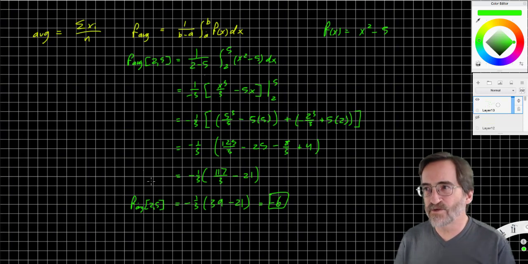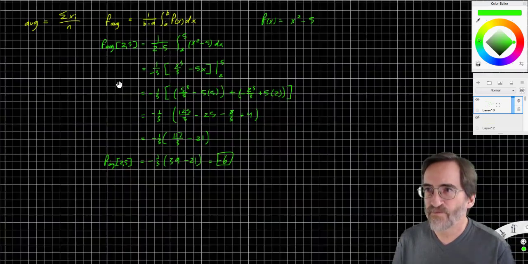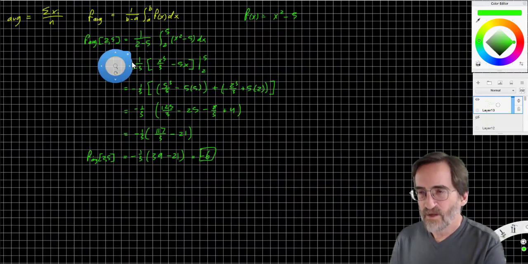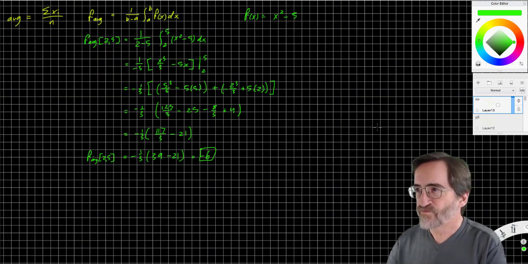Now that introduces us to something called the mean value theorem for integrals. And here's what the mean value theorem for integrals says.